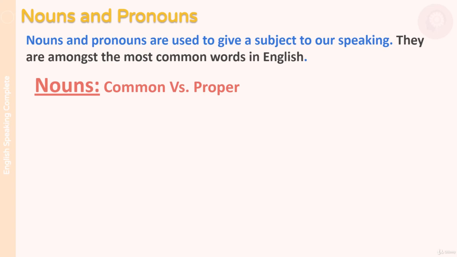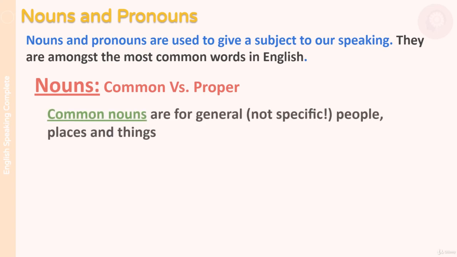So that's what I just want to look at quickly now. So common nouns are for general, not specific, just talking about as a whole, people, places, or things. I really like to read younger authors. Now, authors in general, I'm not talking about a specific person, just authors in general.